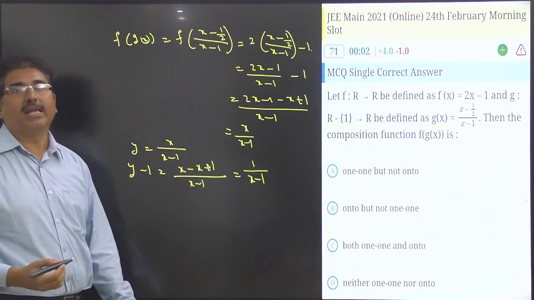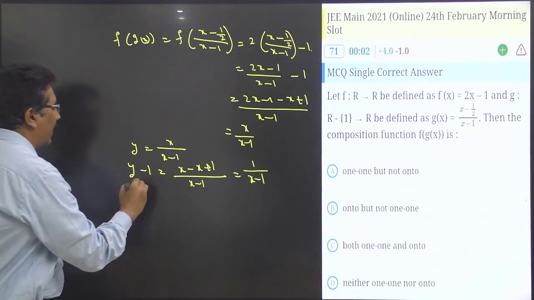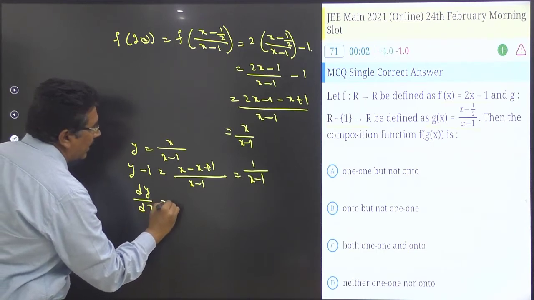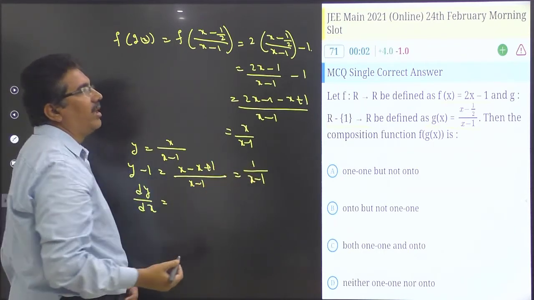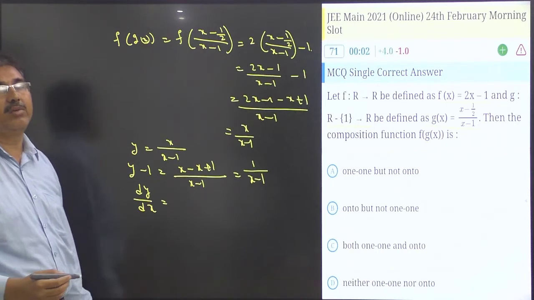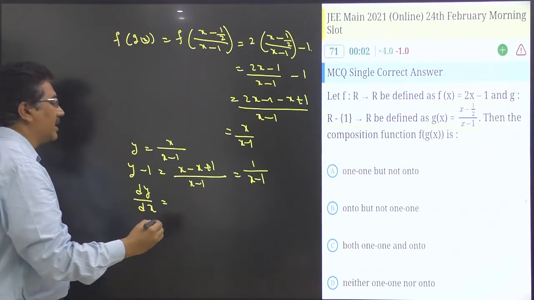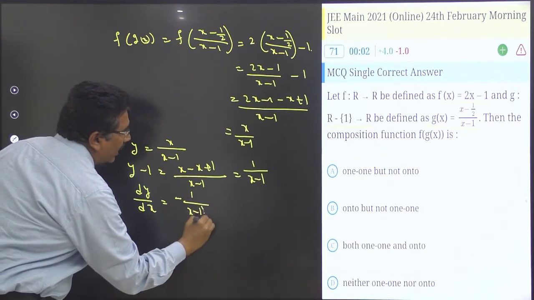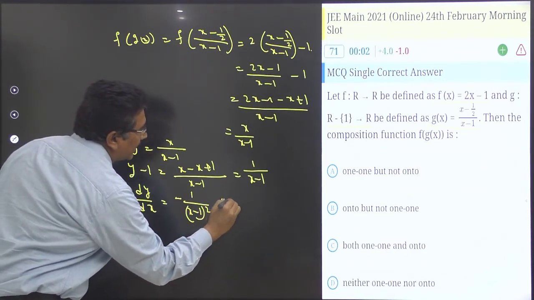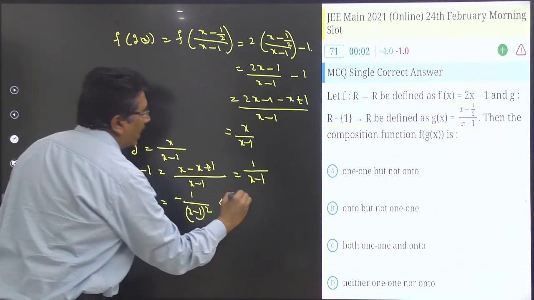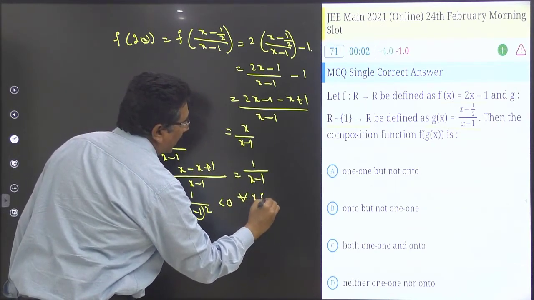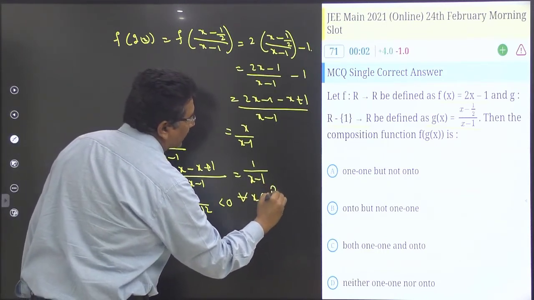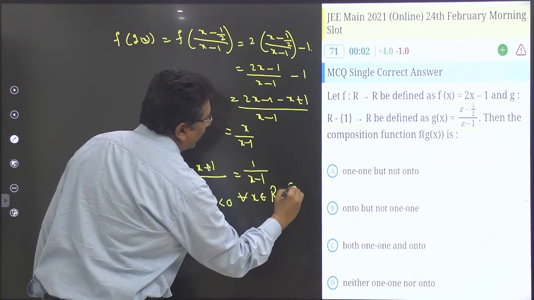Now taking its derivative, dy by dx is equal to, this is of the form 1 by x, its derivative is minus 1 by x whole square, so minus 1 by x minus 1 whole square, which is less than 0 for all x belonging to R minus 1.